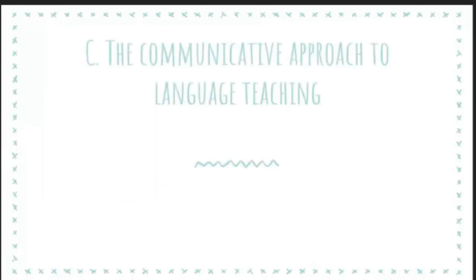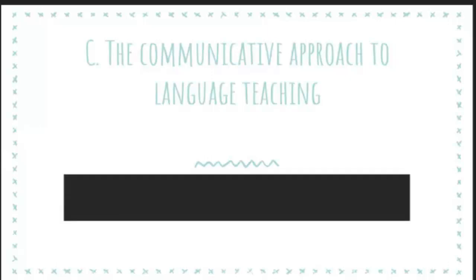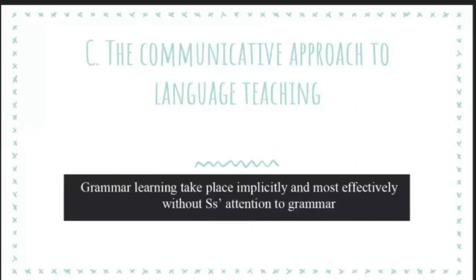Then came a shift to a more communicative approach to language teaching. Grammar learning takes place in an implicit way, most effectively without students paying attention to the grammar at all.